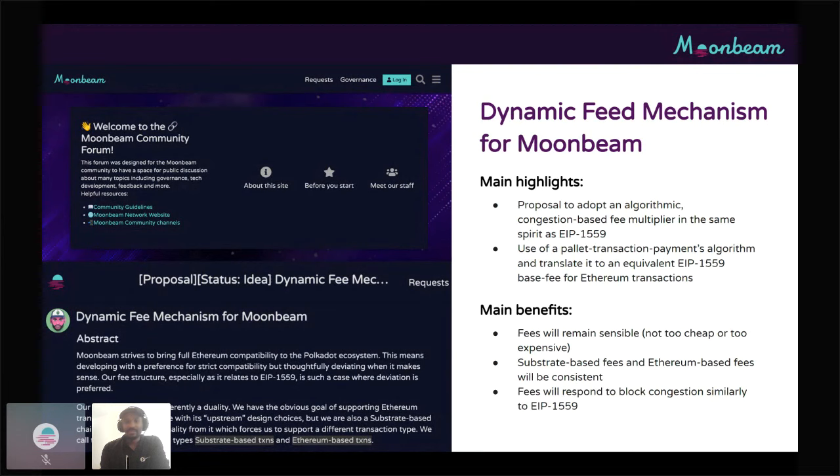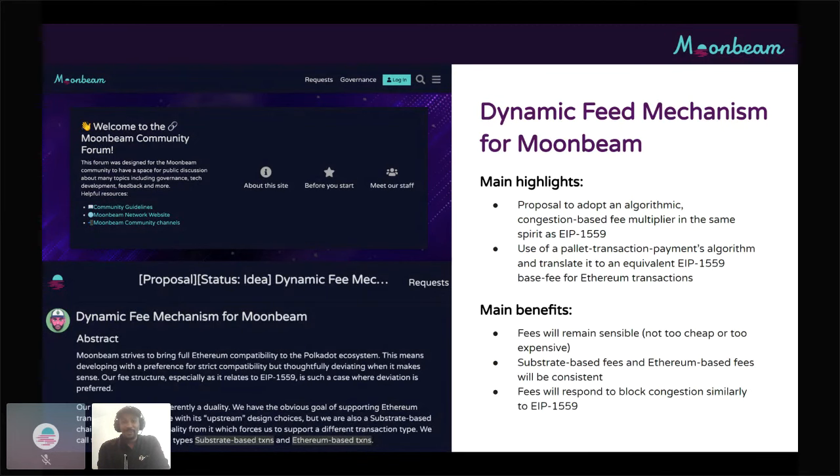This proposal is pretty simple in a sense, because it's focusing on making sure that we are following the EIP 1559 updates, and that when people put fees in order to transact on the network, those fees are not too cheap or too expensive.